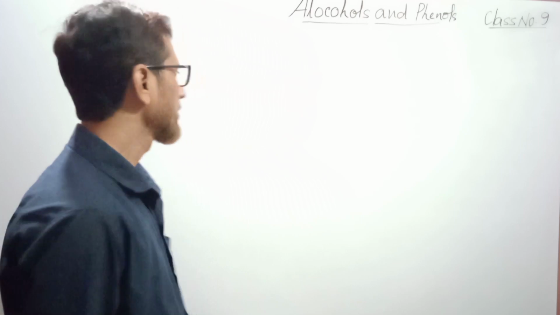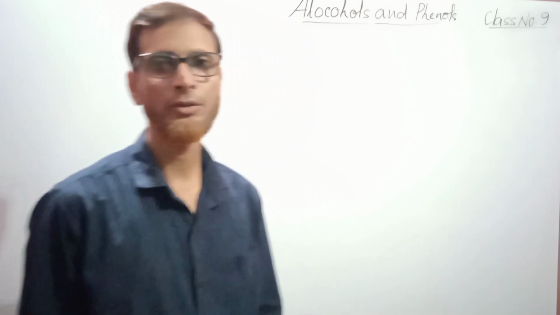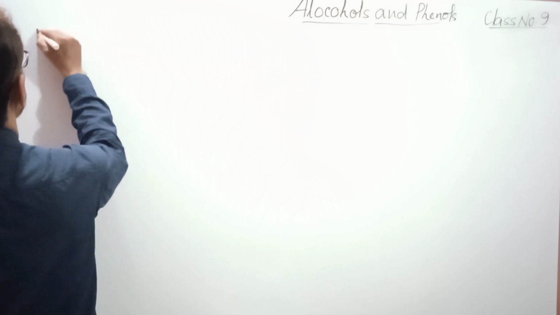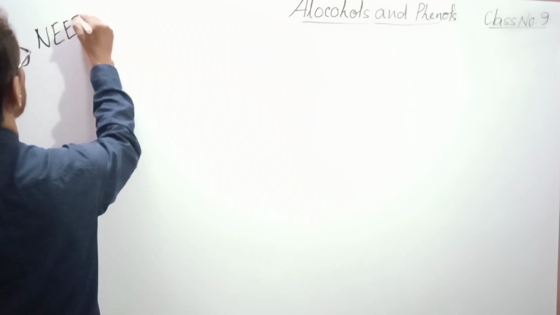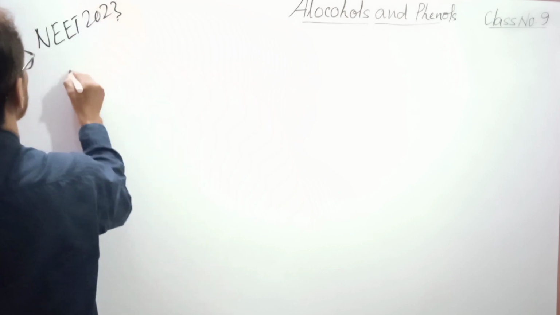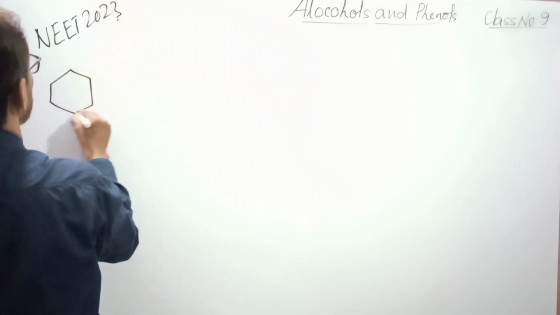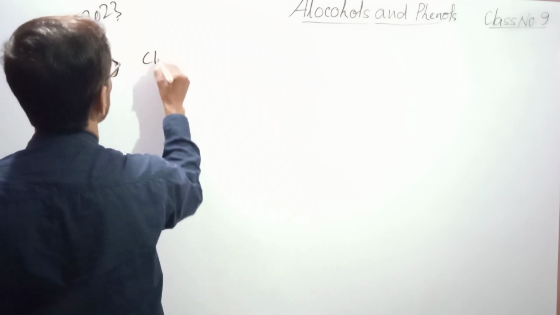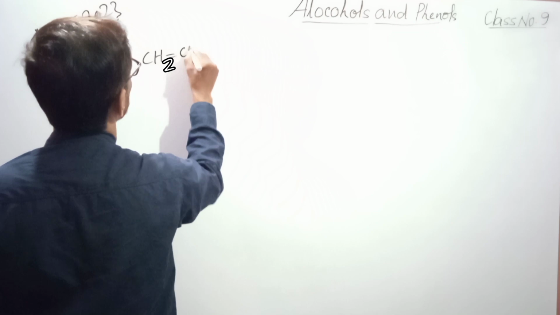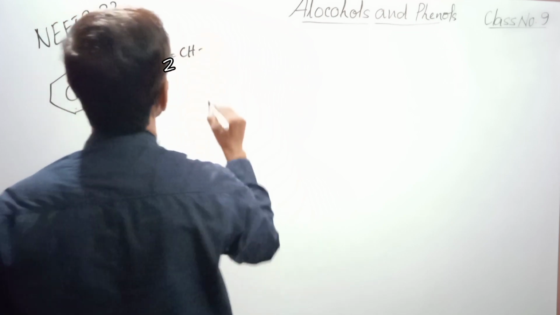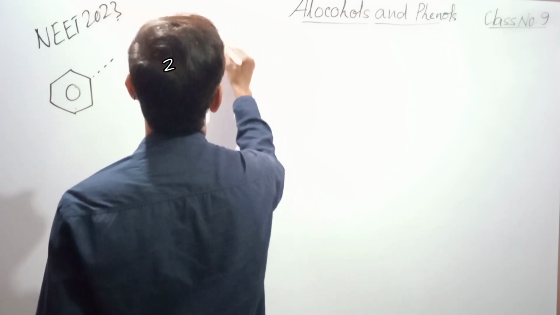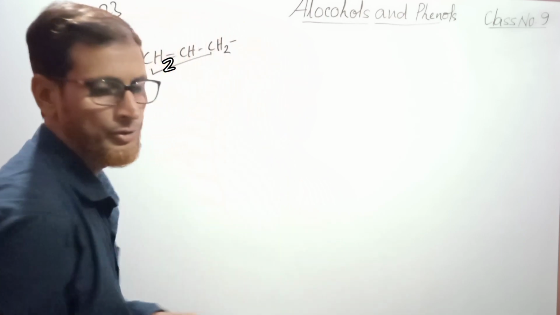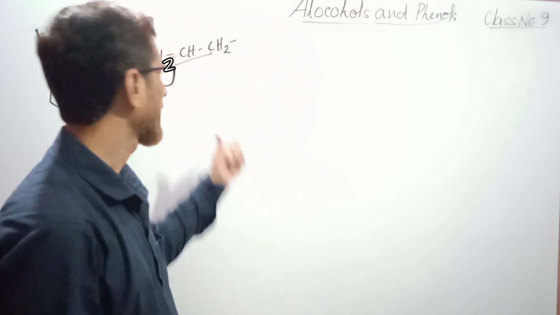This year in NEET 2023, a question was asked. Benzene was given and there was a group, and a bit earlier I told you that that group is nothing but the allylic group.